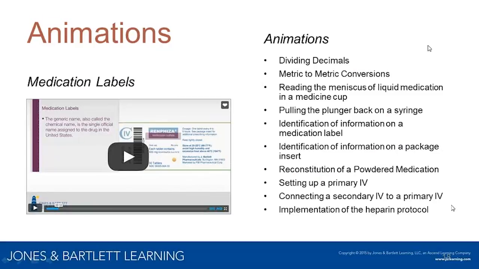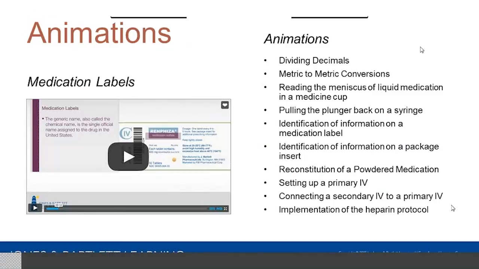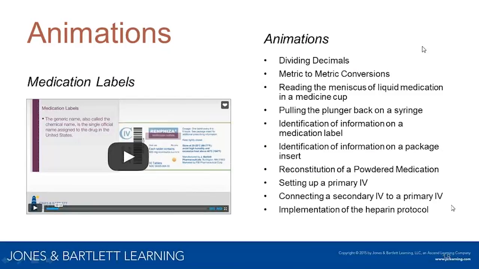Or when students are calculating a rate for a secondary IV, they may not really understand what that concept means. So we have an animation showing the setting up of a primary and a secondary IV, hooking the secondary IV to the primary IV. So that's just an idea of what we have available on animations.